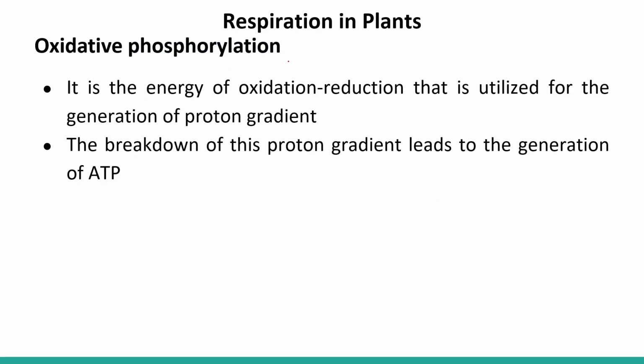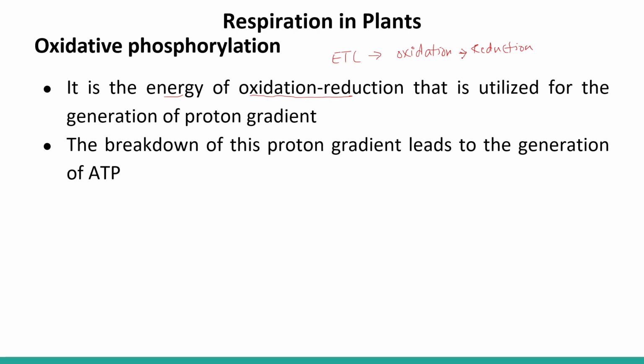So what happens with the proton gradient created during oxidative phosphorylation? In the electron transport chain, oxidation reduction reactions are going on. One molecule is oxidized whereas the other molecule is reduced, which accepts the electron.